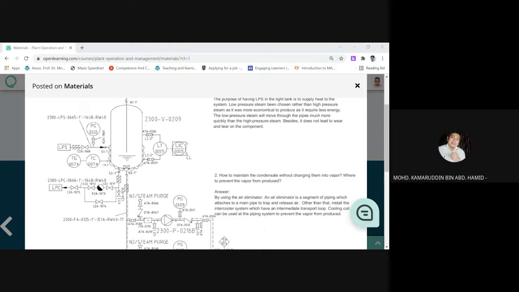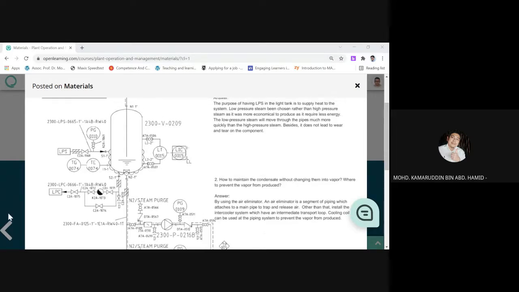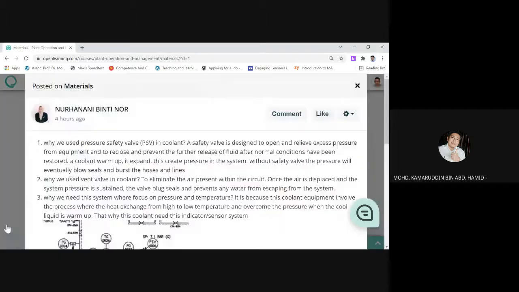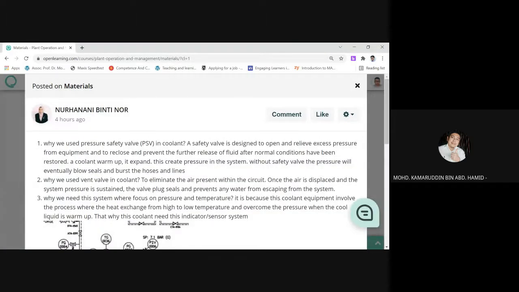Okay, it's a little bit complicated, but yes, it's not also difficult to understand the process. Okay, so this is about this valve. Okay, kita pergi kepada Nur Hanani.